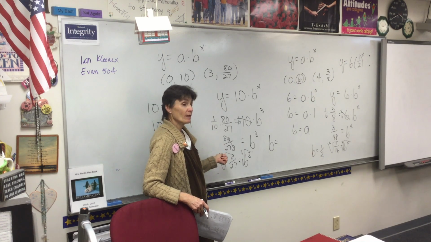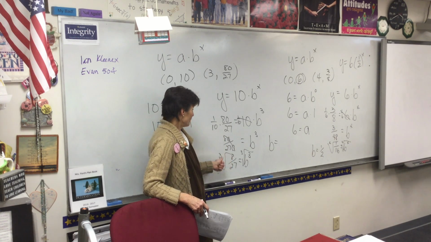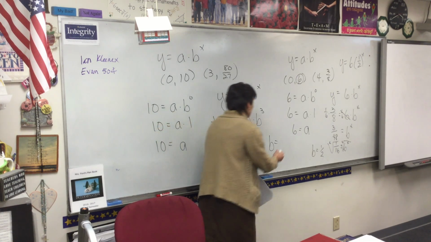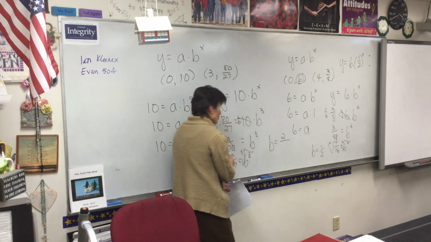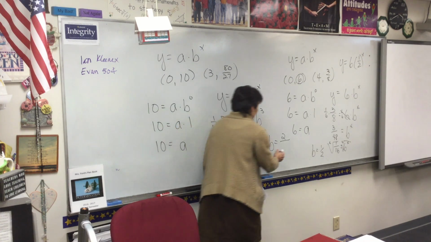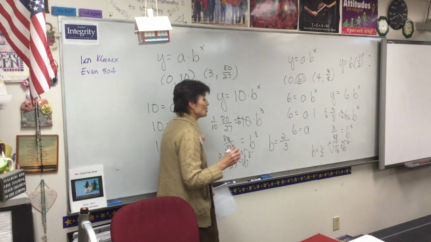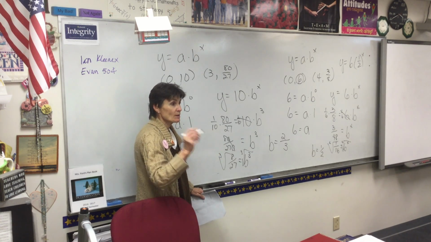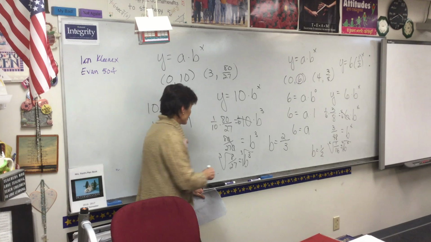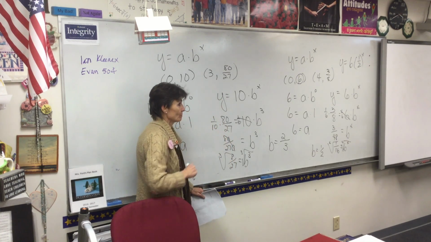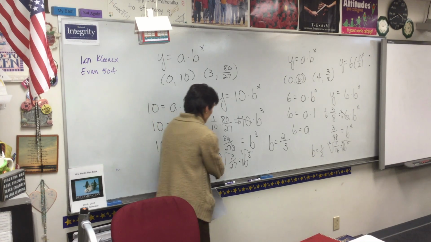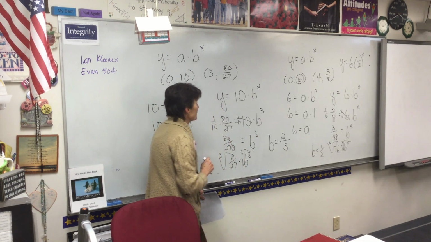This is going to be part no calculator and part calculator. This will be no calculator. You need to know that the cube root of 8 is 2, and the cube root of 27 is 3. And again, cubes just mean times themselves 3 times. So 2 times 2 times 2 is 8, so the cube root of 8 is 2. 3 times 3 times 3 is 27, so the cube root of 27 is 3.